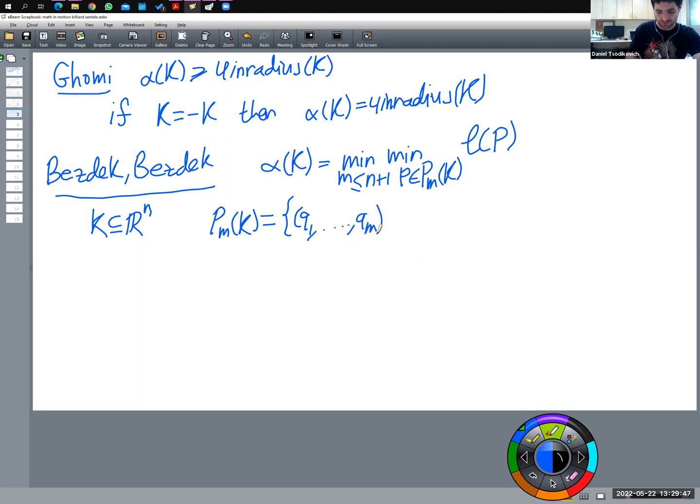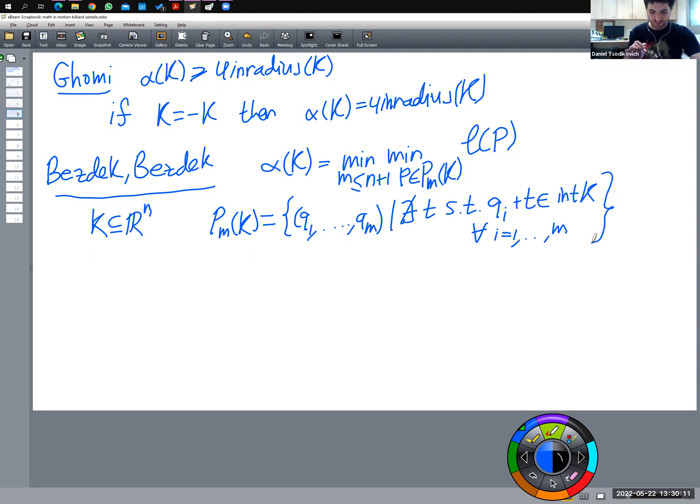These are sequences of points in Rn that cannot be translated into the interior of K. And the length of such an object is just the sum of the distances, the length of the closed polygonal line.